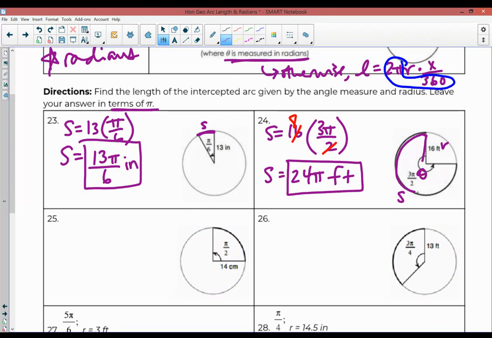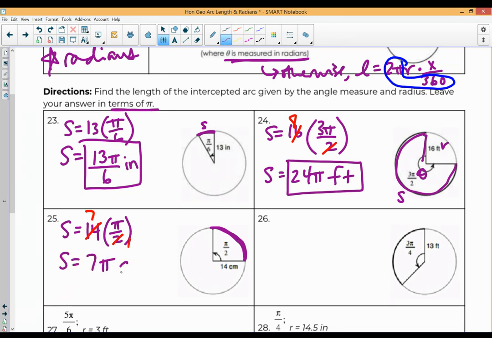So that would be like how it's bolded there. Here, this is just a quarter of the circle. So S equals R, radius, times theta, pi over 2, 7, 1. So S equals 7 pi centimeters.